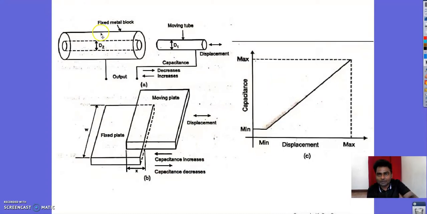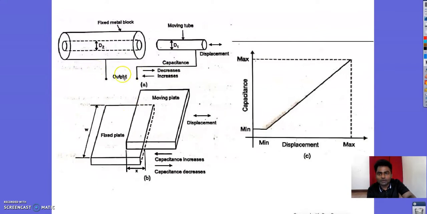There will be a fixed metal block and there will be a movable tube, that is the core, which is going to move inside this fixed metal block, and the output voltage is measured between these two terminals. As it moves towards the left side, the value of capacitance increases. As it moves towards the right side, the value of capacitance decreases, whereas at the midpoint it is going to be at the null position, similar to your LVDT.